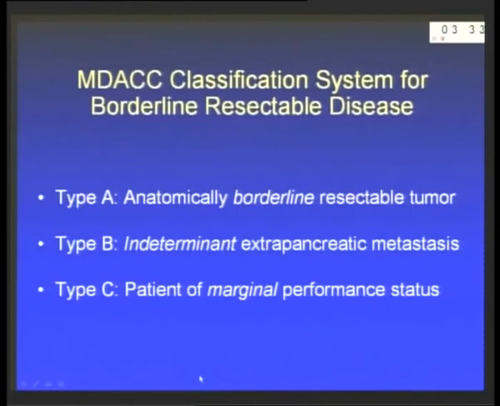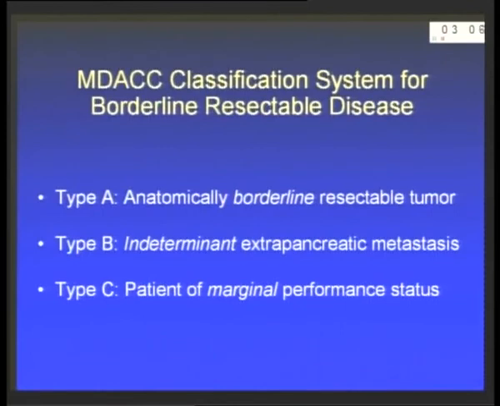Okay, so there's a group that has what we call indeterminate extrapancreatic metastatic disease. What we're talking about there is the patient who has tiny, low-volume lesions in the liver, and you and the radiologist are looking at them, and you're really not sure whether those are metastases or not. In most circumstances, they are, but you can't be sure based on anatomic criteria.